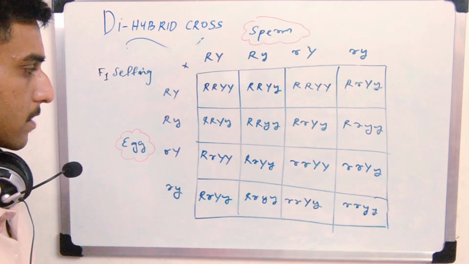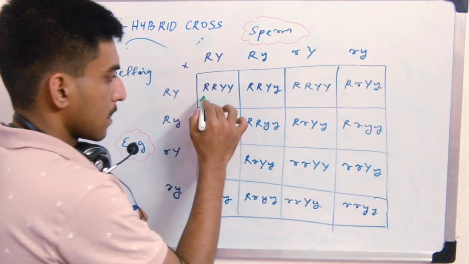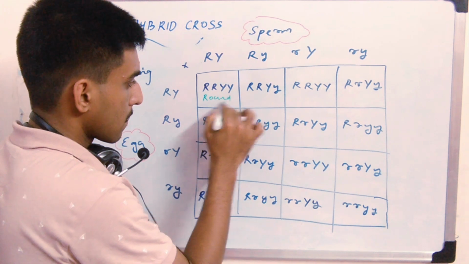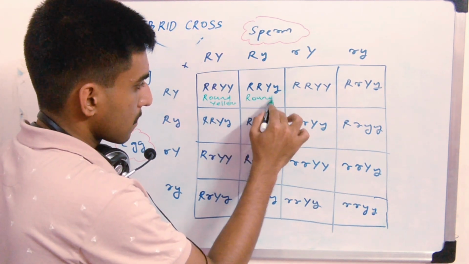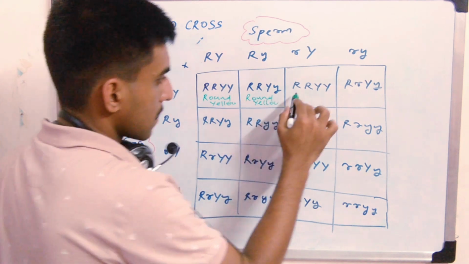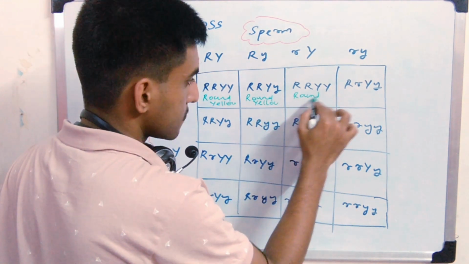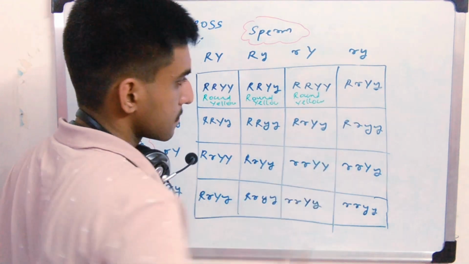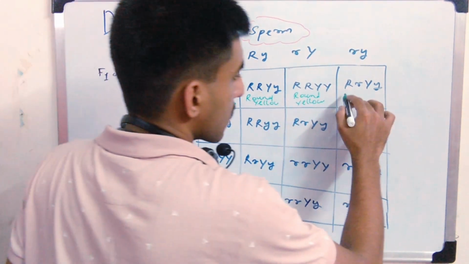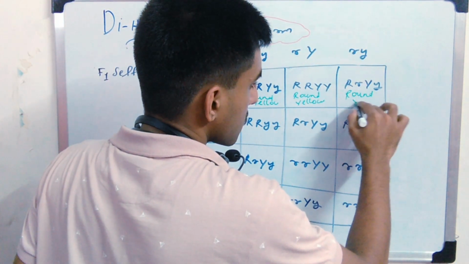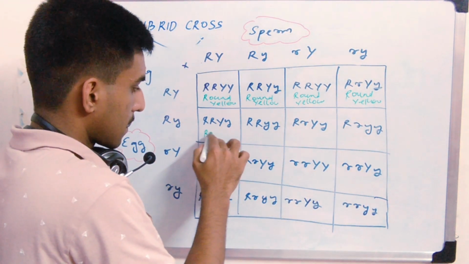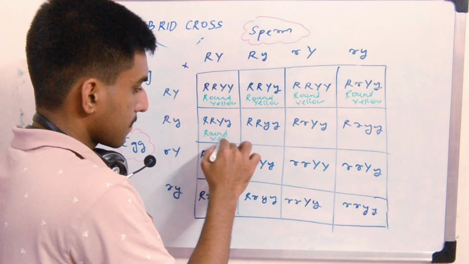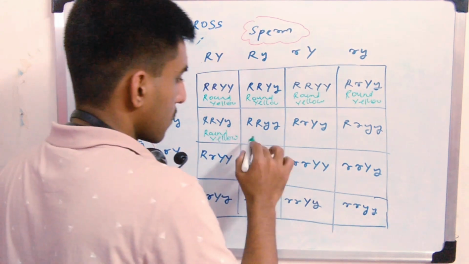So I am going to write the phenotype here. Round yellow, round yellow, round yellow, round yellow, round yellow. So I think the majority is round yellow.